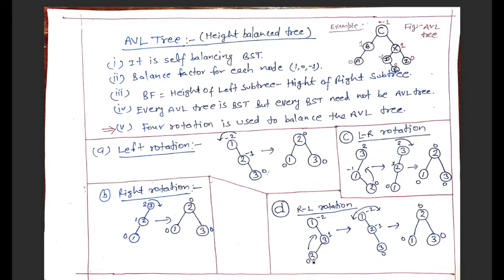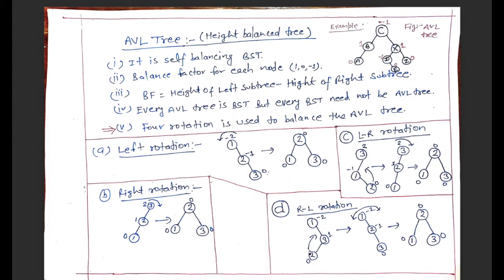So for this node the balance factor is 0, for this node 1 minus 0, 1, and for this node, left side balance factor 0, right side this is 2, so 0 minus 2, minus 2. Okay, so minus 2, this doesn't belong to 1, 0 or minus 1, so it means this node is not balanced, this is an unbalanced tree.